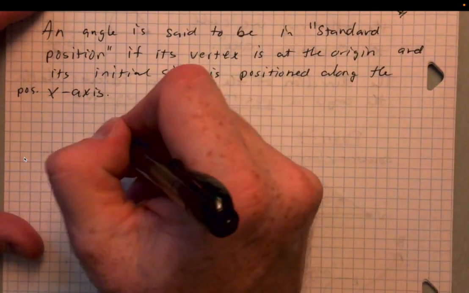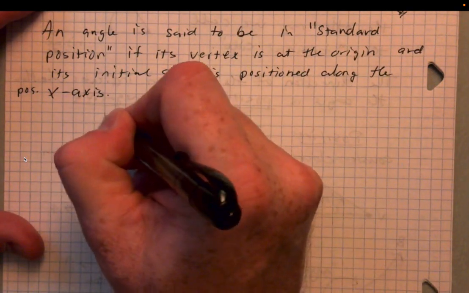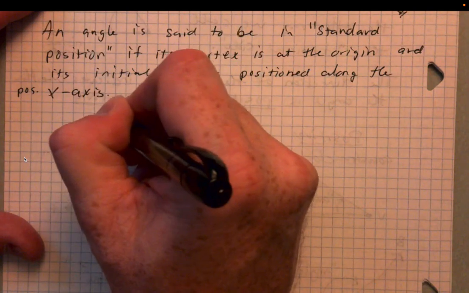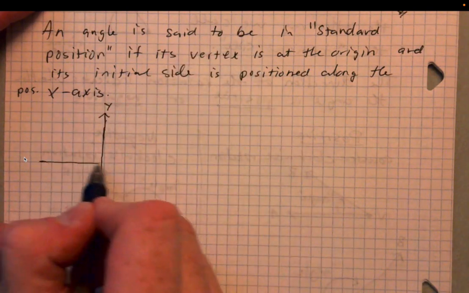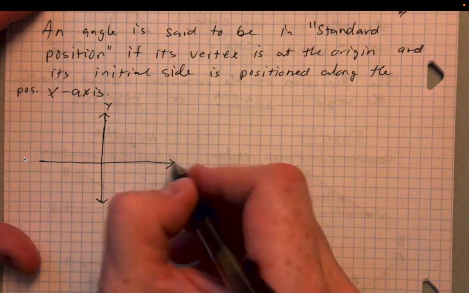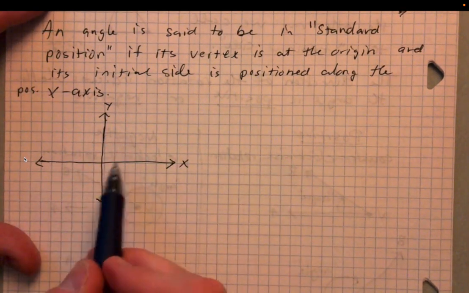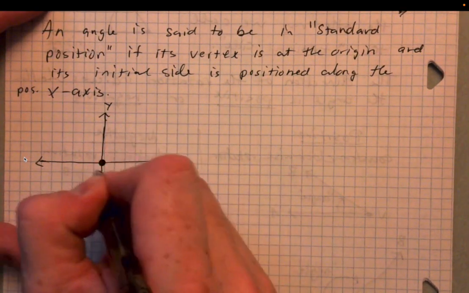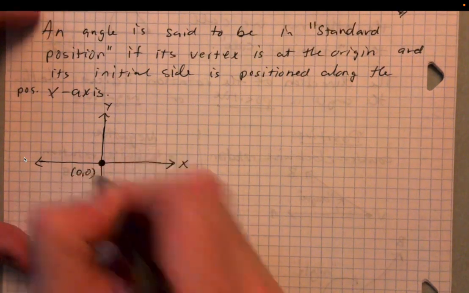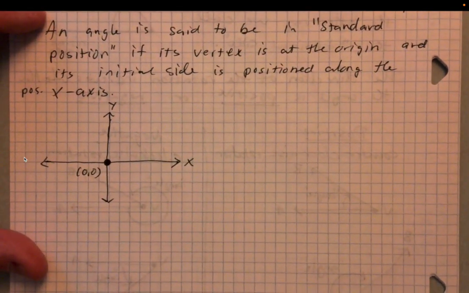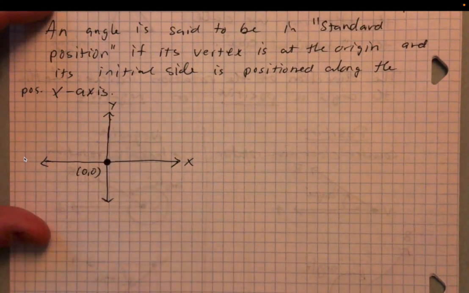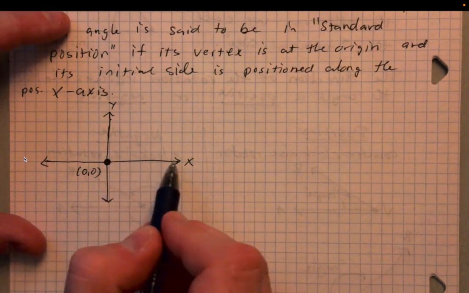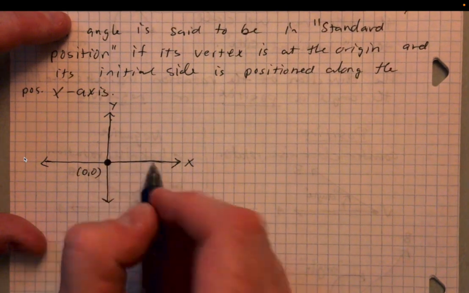Okay, so for example, if I have my y-axis here and my x-axis here, this is the origin. This is 0, 0 in the Cartesian coordinate system, the intersection of the x and y axis. The positive x-axis is this section over here.